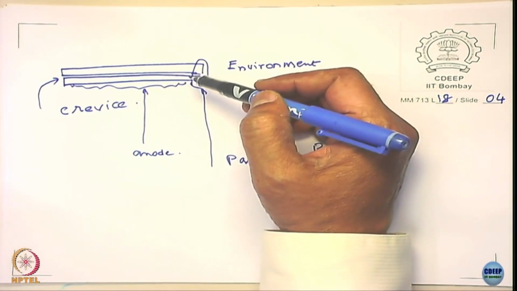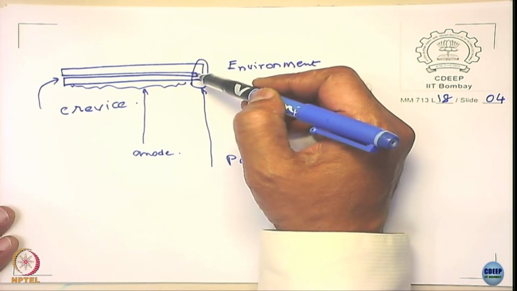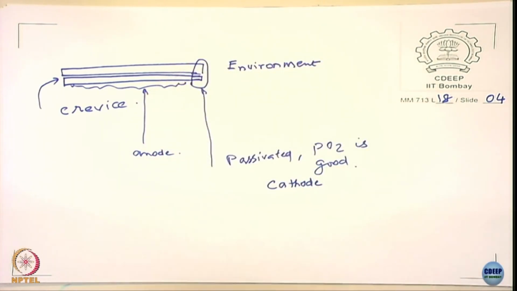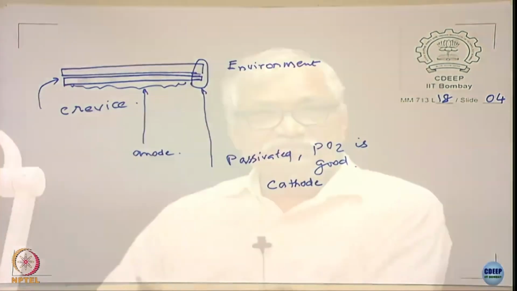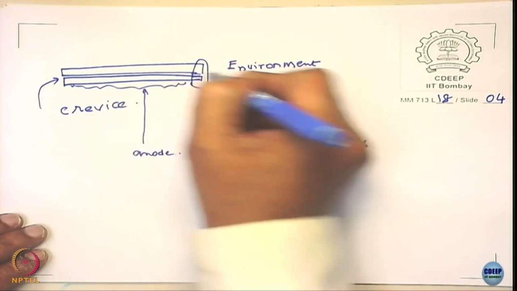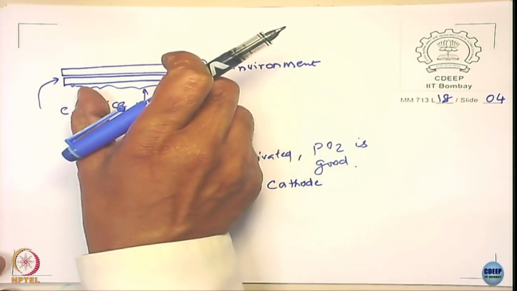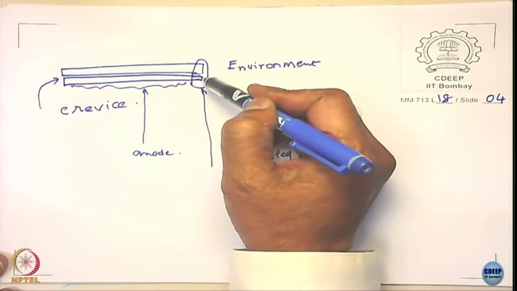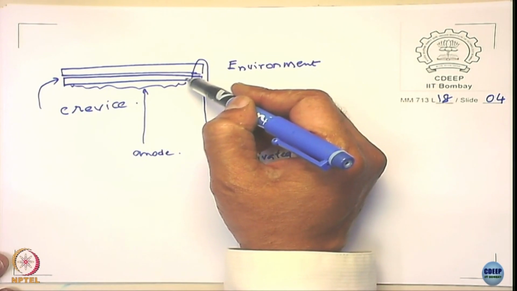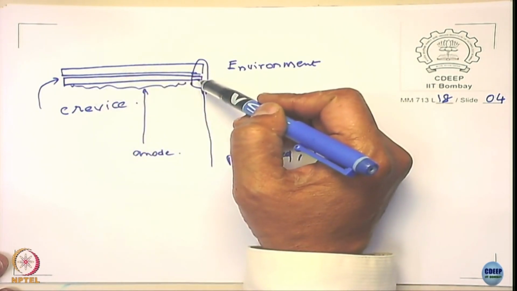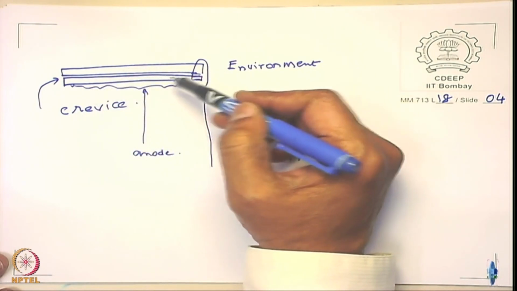Now what also can happen is that if the distance between the anode and cathode is increasing, what will be the effect of the cathode on the anode? Keeping other parameters the same, assume that the chemistry of the electrolyte inside this crevice is the same, and this is the anode and the cathode, but if I move away from here inside, what will be the effect of this cathode on the anode?